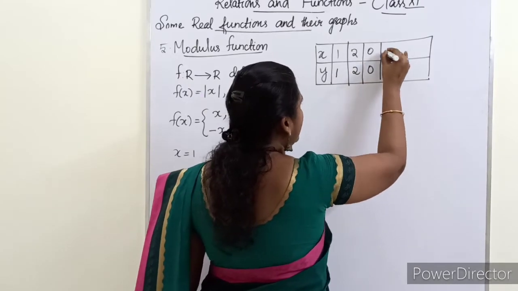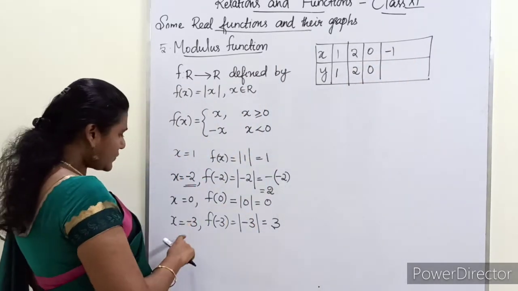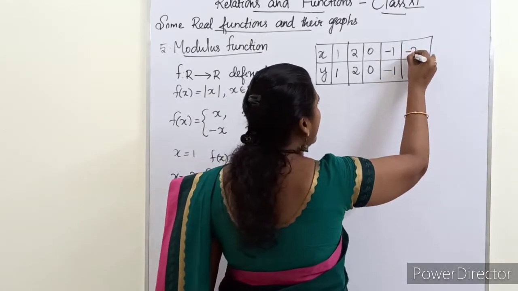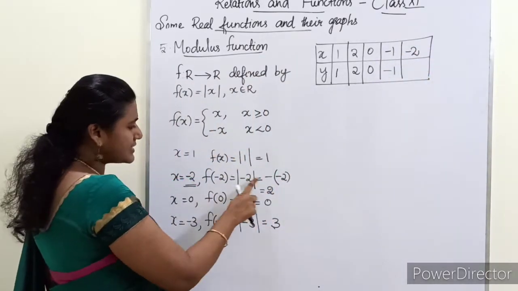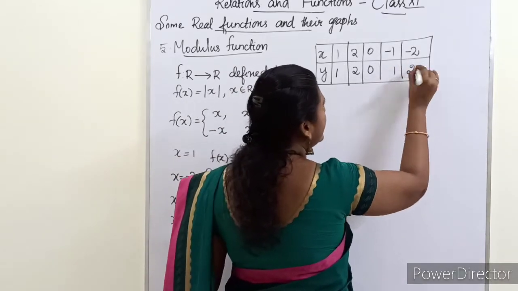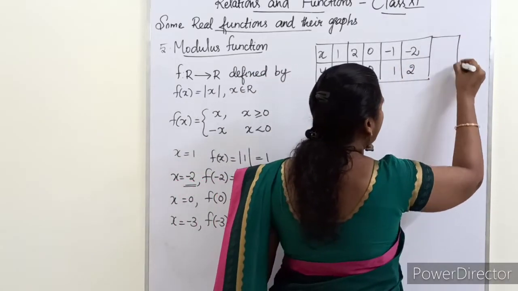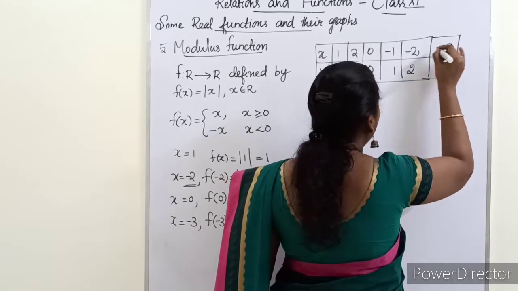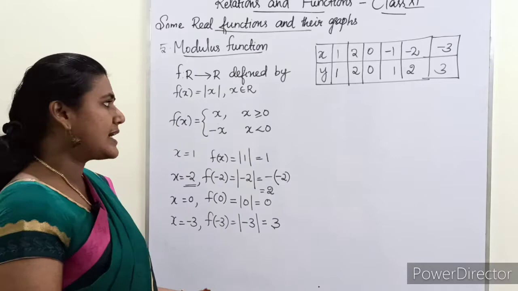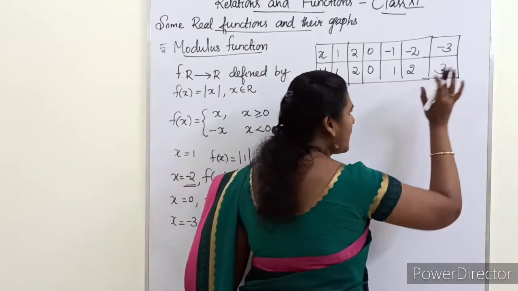If you take minus 1, then f of x is plus 1. If you take minus 2, then f of x is plus 2, and if you take minus 3, the value of f is plus 3. So whether x is positive or negative, the y value will always be positive.